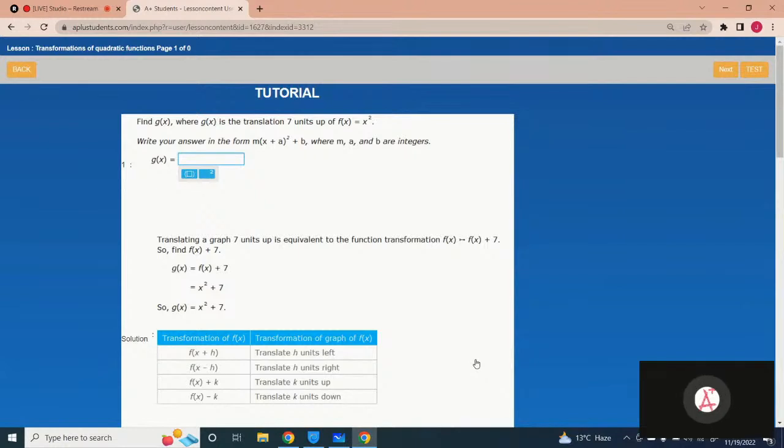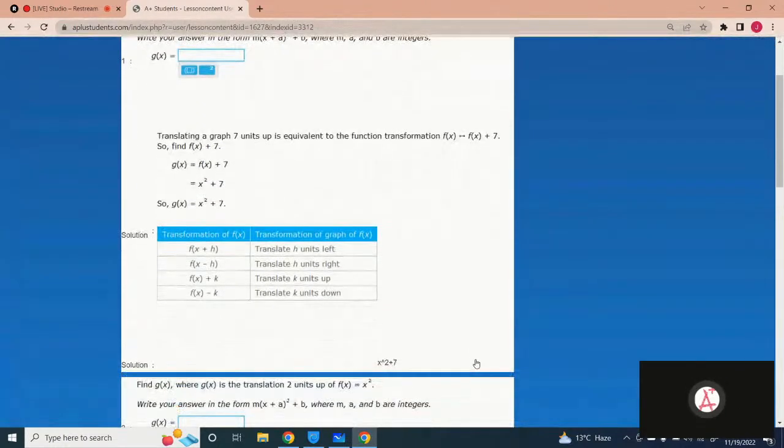Got it? This is the very important table in the transformation. This one shows the transformation of f of x, and how you have to apply the transformations. If you have to move the point some units left, it means you have to add to the value of x. It would be then f of x plus h.